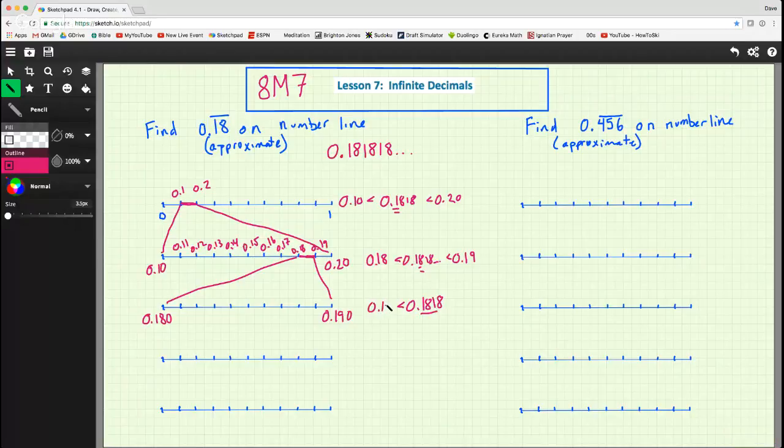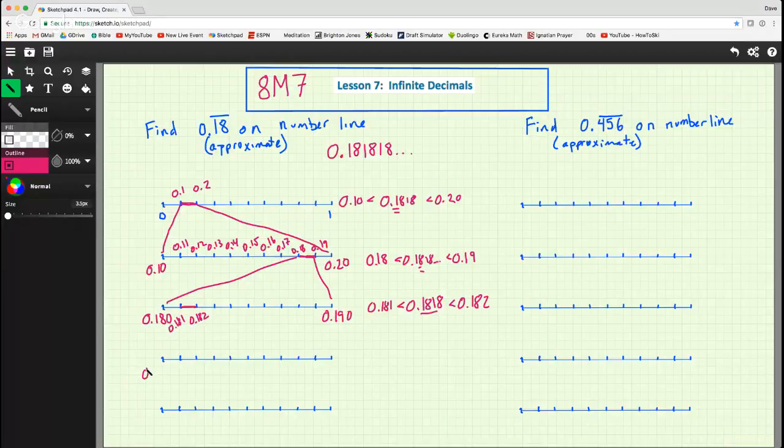So we go 0.181 and 0.182. So this is our 0.181, and this is our 0.182. So we're on this bracket here.